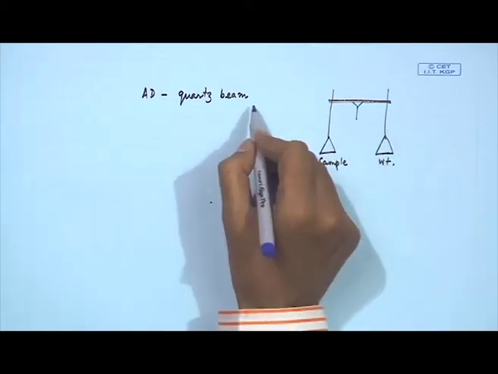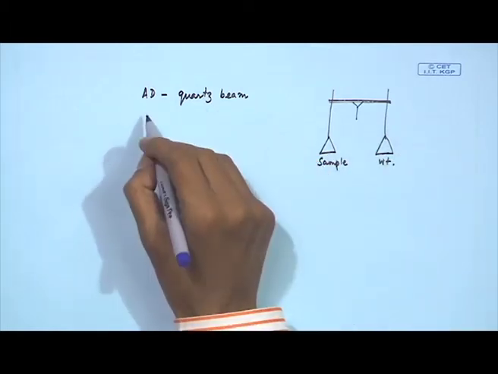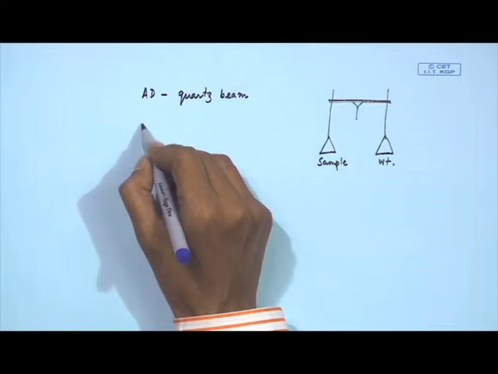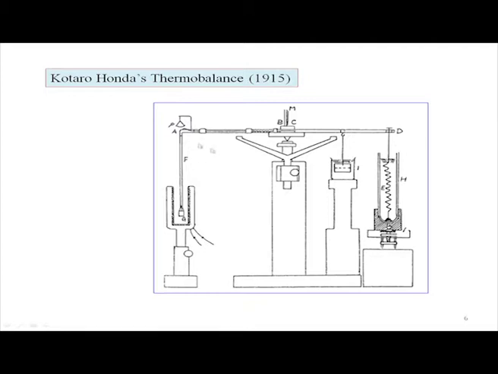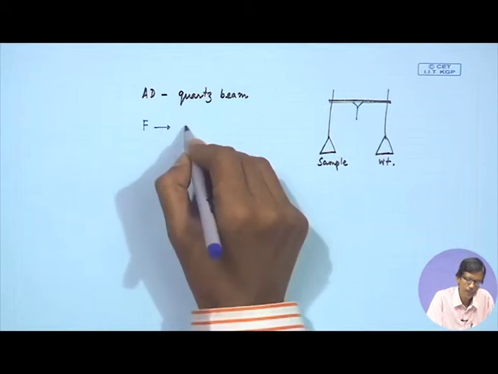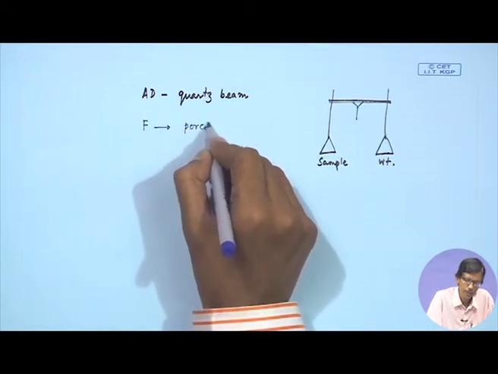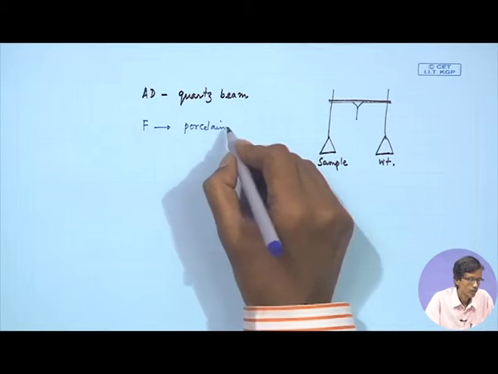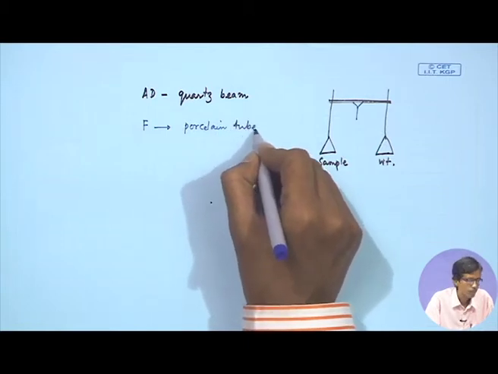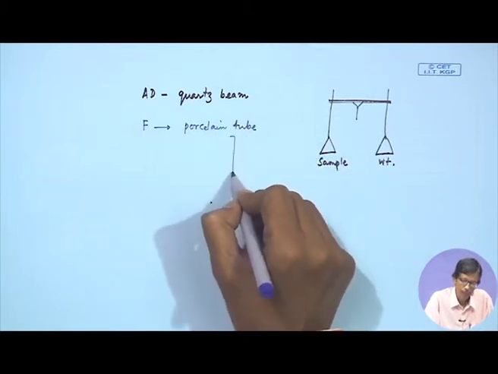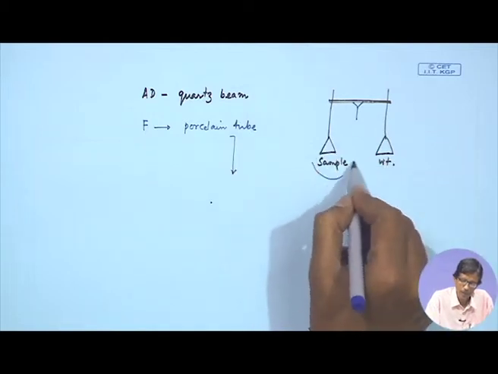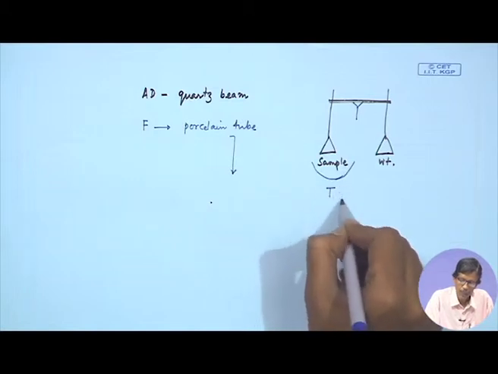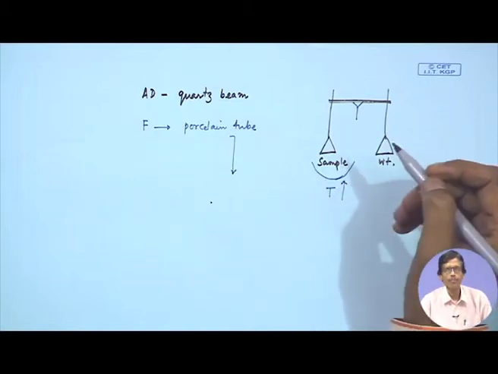So, you have AD as the quartz arm, and the interesting thing is that we have a porcelain tube, F. This porcelain tube goes inside, where we keep the sample, because we want to see the temperature effect on that particular sample.